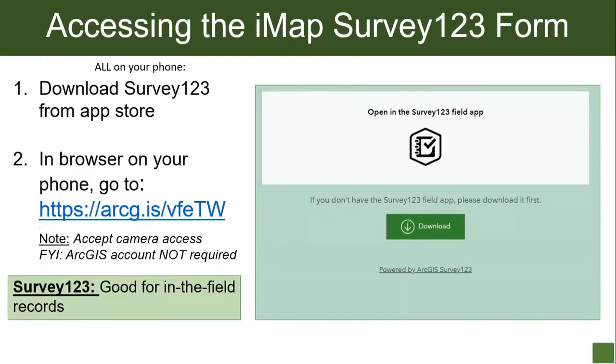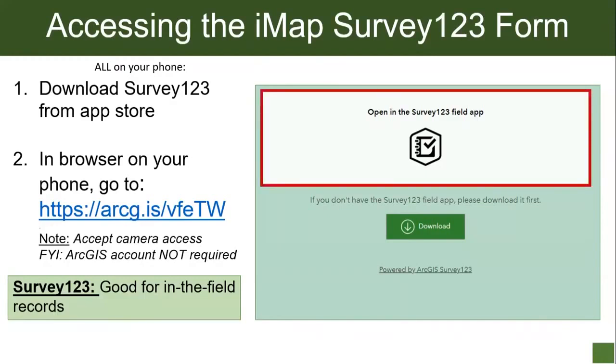And there will be a big button at the top. It doesn't quite look like a button, but that big gray box that says open in the Survey123 field app, that is what you need to click. The green button below will just download the Survey123 app if you don't have it yet. So that's what you need to do to get Survey123 and then get the iMapInvasives form onto your device.